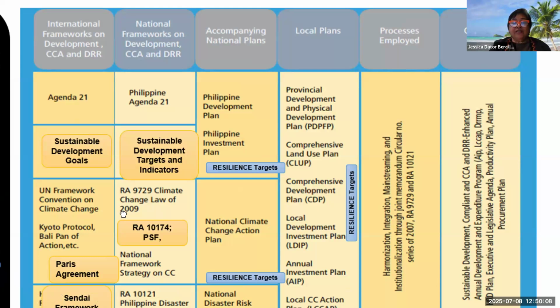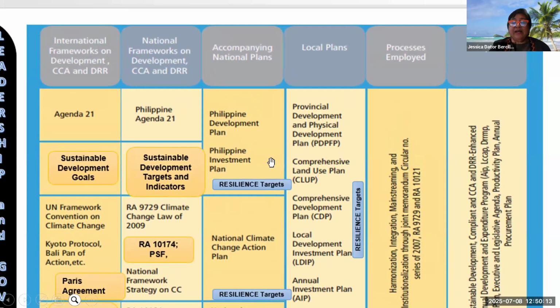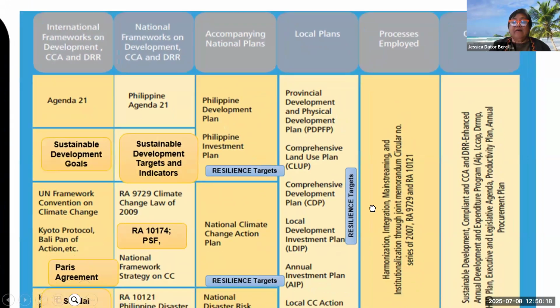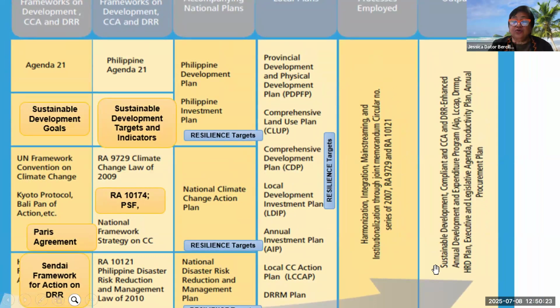For each of these stages where there are policies, resilience targets are embedded in the national plans and in the local plans. The whole aim of all of these attempts for coherence is to achieve sustainable development, and to mainstream climate and disaster resilience in the plans, programs, activities, and budgets of the Philippine government.